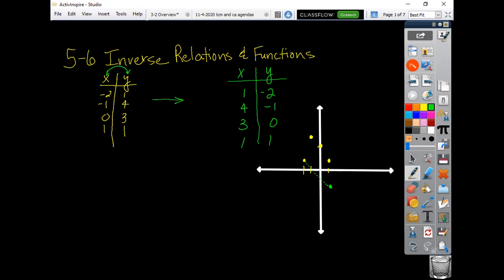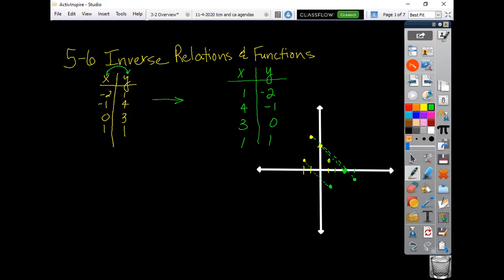On the 4, -1, that one would match up way up here with this one. If we go to the 3, 0, that one matched up with this one. And if we go to the 1, 1, it matches up on top of itself.